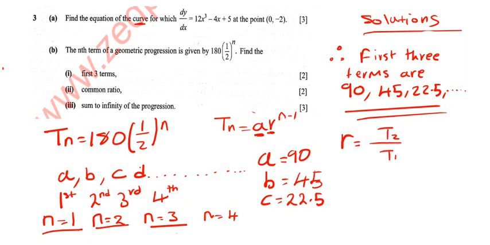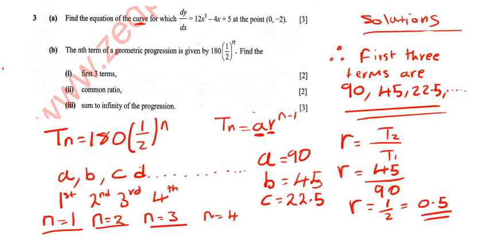T2 we have already found, it is 45 over the first term, which is 90. We just divide because we have a calculator. So I know that this is 1 over 2 or 0.5. So that is your answer for a free mark.